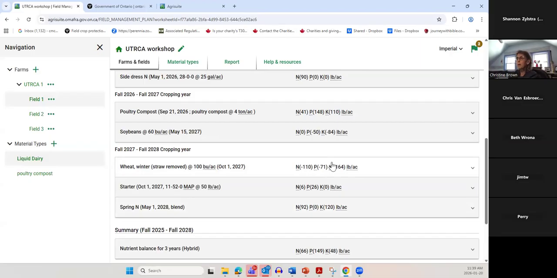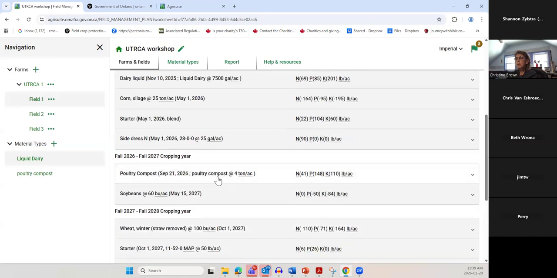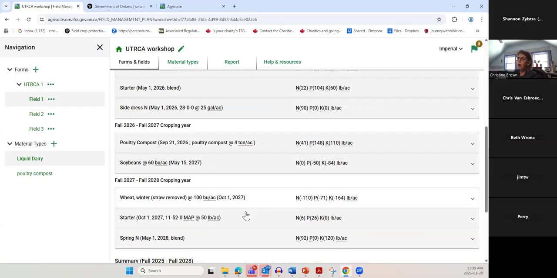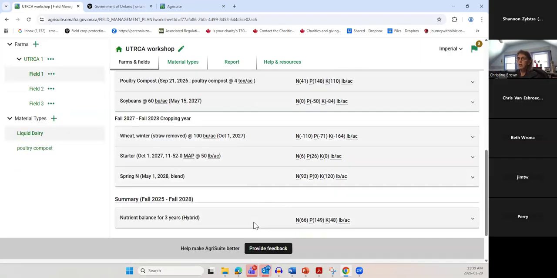Some people will recommend 100. It depends on what you're doing. We're going to go as close to balance as we can because the other thing that we have is nitrogen credits from the manure that's been applied in the past couple of years. How much of that is going towards that wheat crop depends a little bit on weather conditions, but we've got good nitrogen in that soil.